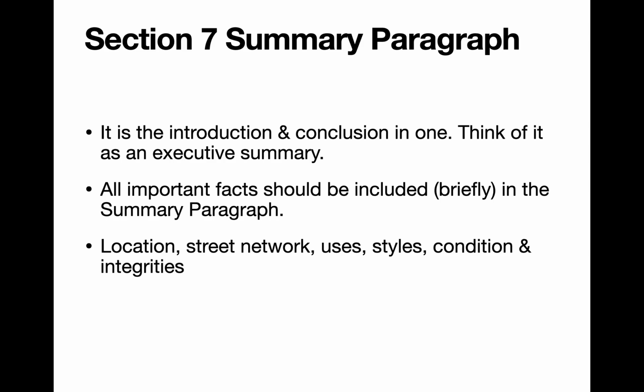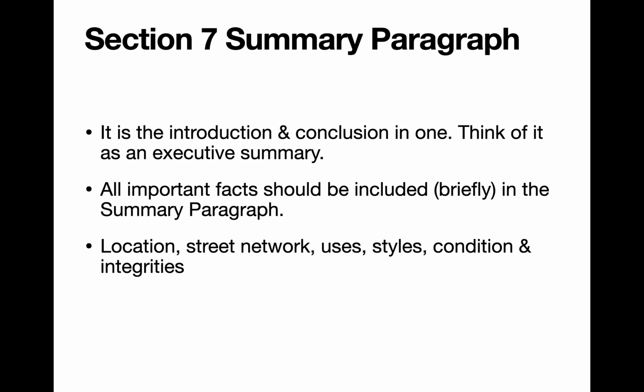All the important facts should be in there, and the shortcut here, just so you know, is location, the street network, the uses, the styles, the condition, and the integrities. So if you have all of that stuff in there, you should be pretty much good to go. So it's one paragraph, and it's just all content.